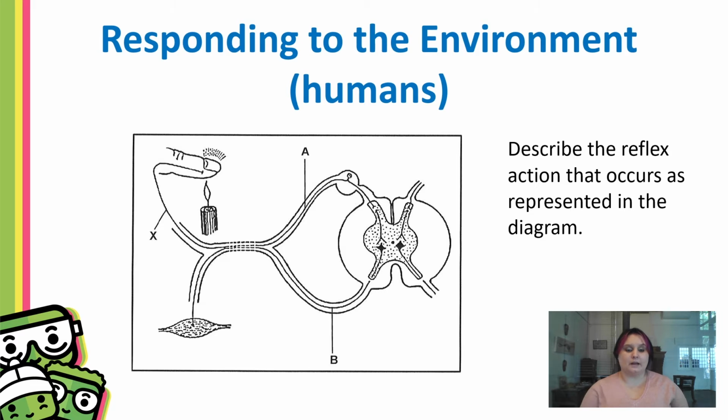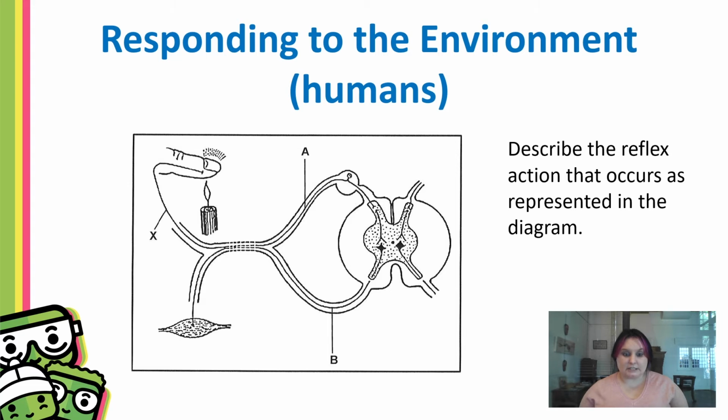Inside our finger, we have little receptor cells, and those receptor cells pick up on changes in temperature. Those are the thermoreceptors, and they are going to pick up on the heat from the flame. We also have pain receptors in our finger, which are also going to pick up on the heat from the flame. So these receptors in our finger pick up on the stimulus.